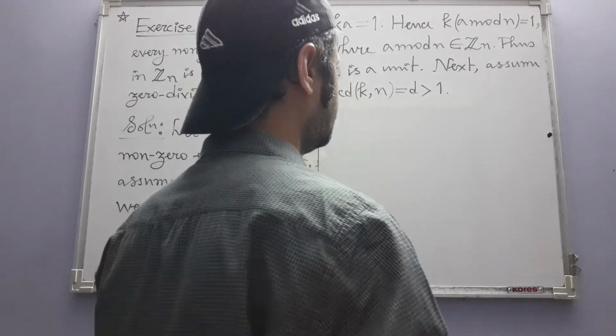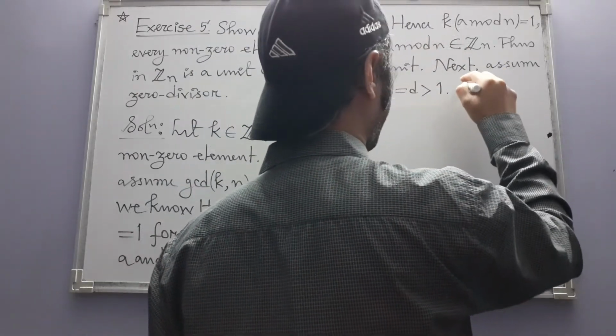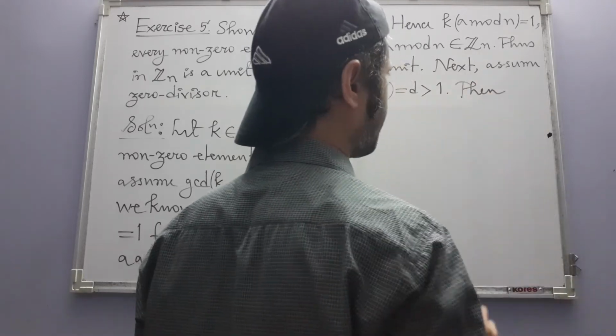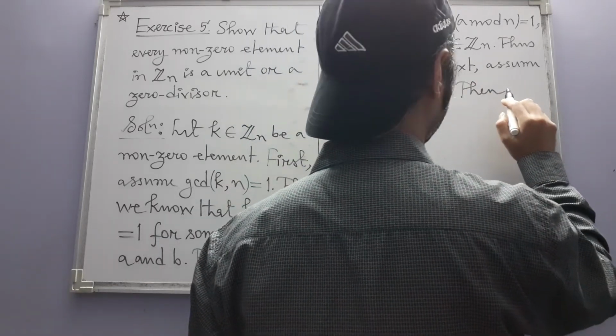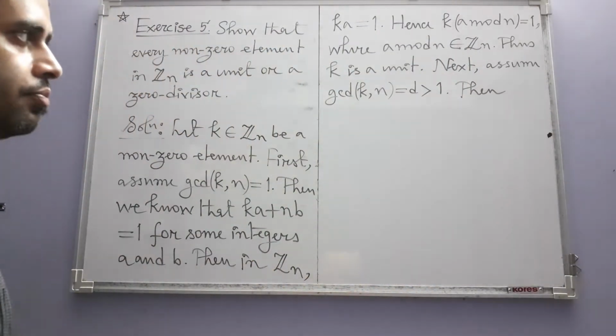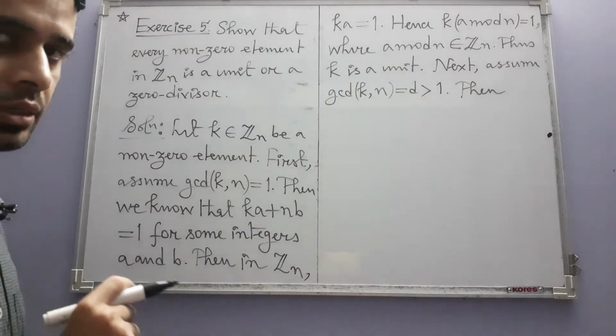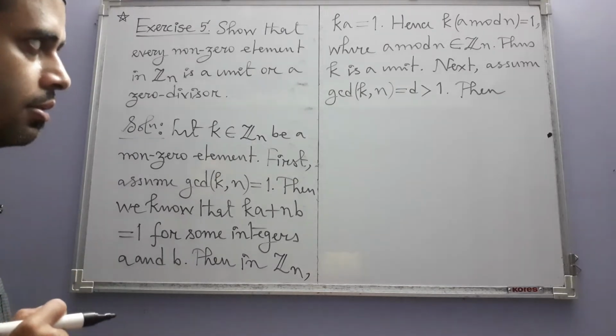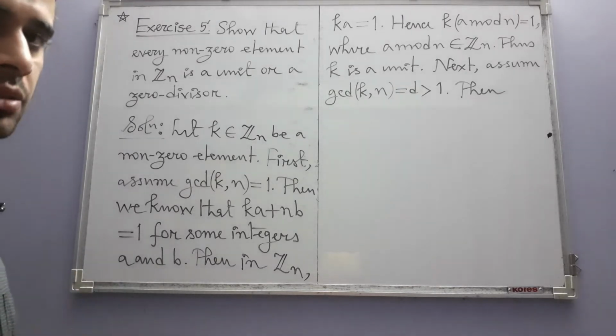Because d is the greatest common divisor of k and n, d divides k.